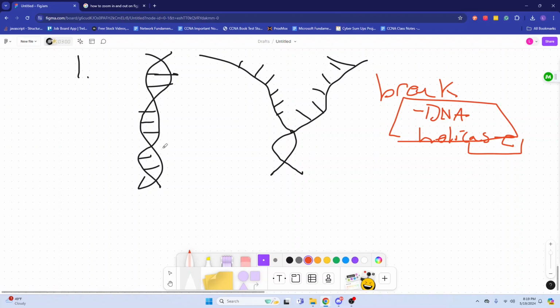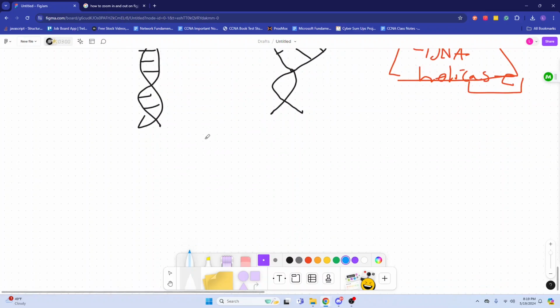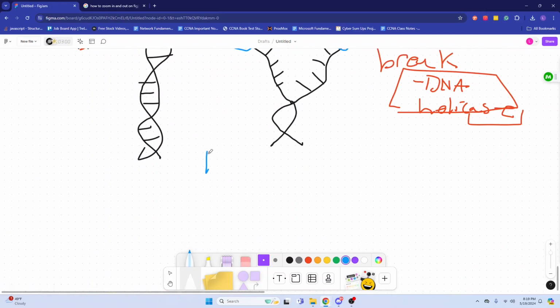The next thing that has to happen, so this is really only two steps, this is part one. We're going to take this apart. The next part is we have another enzyme here, and this enzyme will do three things. First of all, this enzyme is called DNA polymerase.